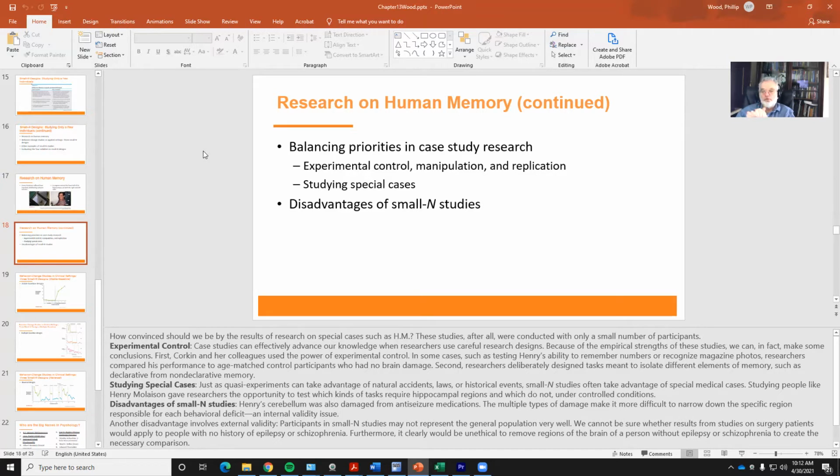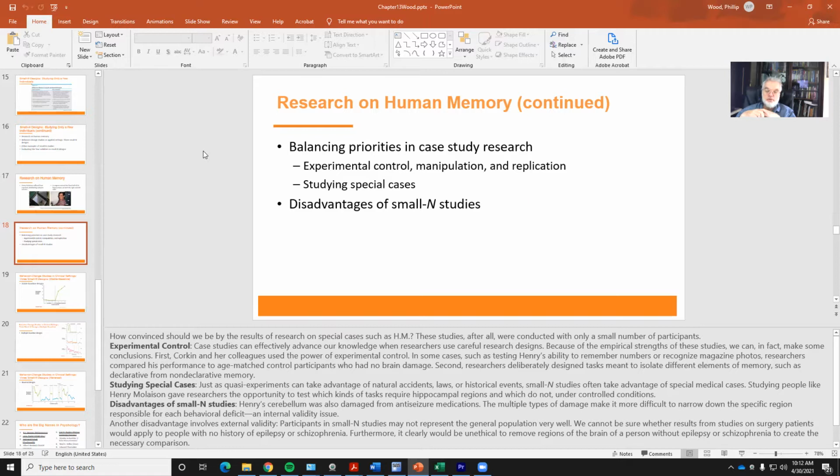There's always some issues involved in any small n research. It's suggestive. We don't necessarily say, gosh, this is going to definitively advance psychology, because we don't know if there's something particular about what happened to this person. So in the case of Henry, he had seizures, and they were of such intensity that these seizures could also affect other parts of functioning.